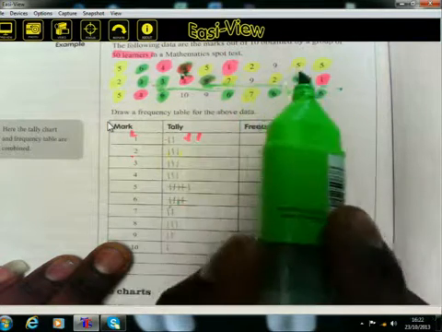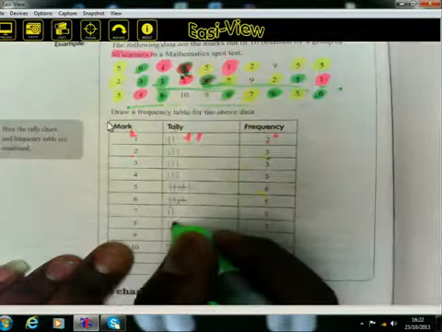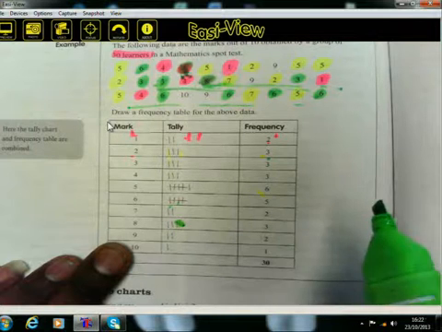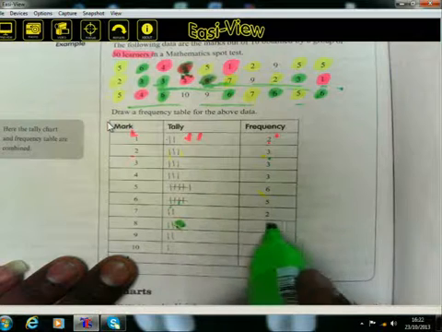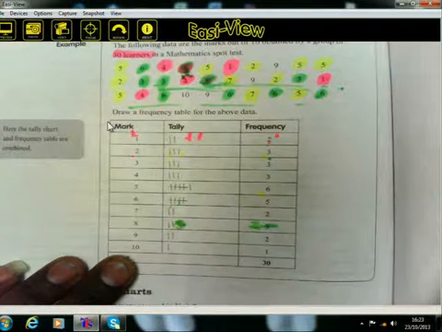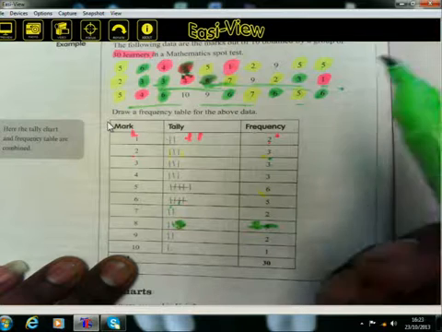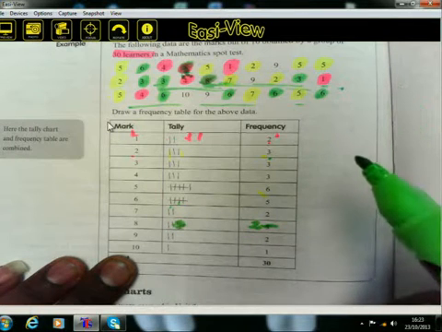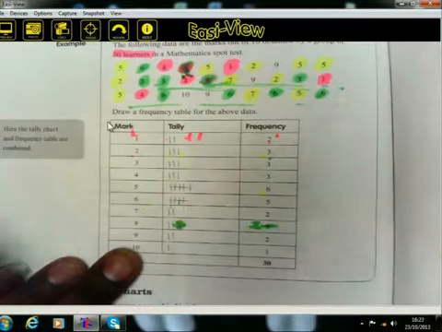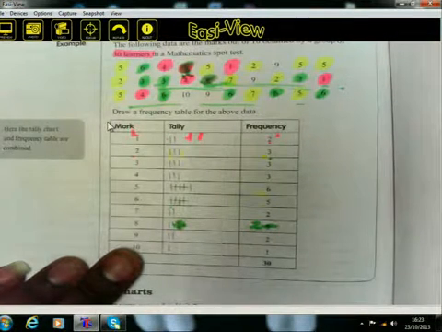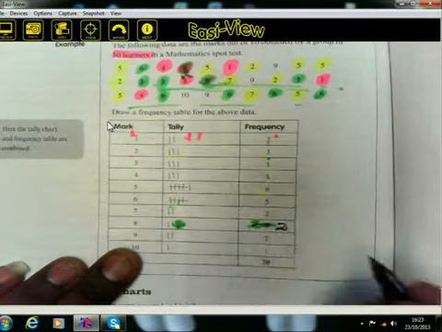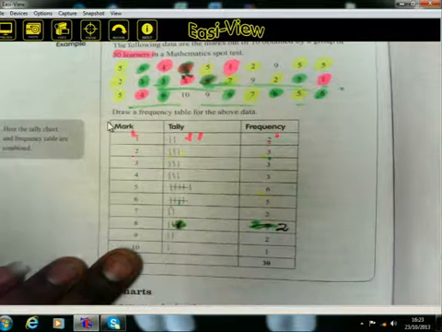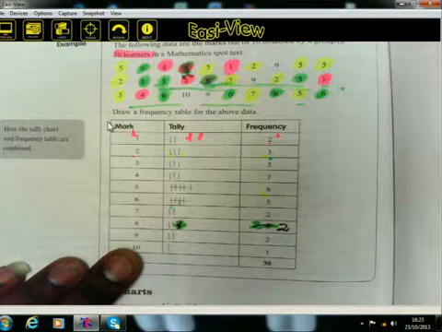It's 2. Third row, nothing. That means it must be 2, not 3. You have to double check.